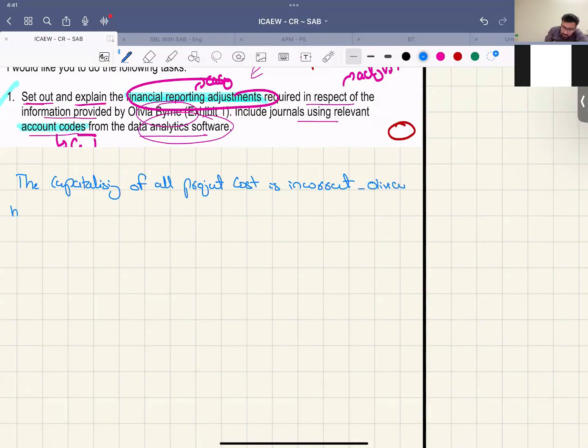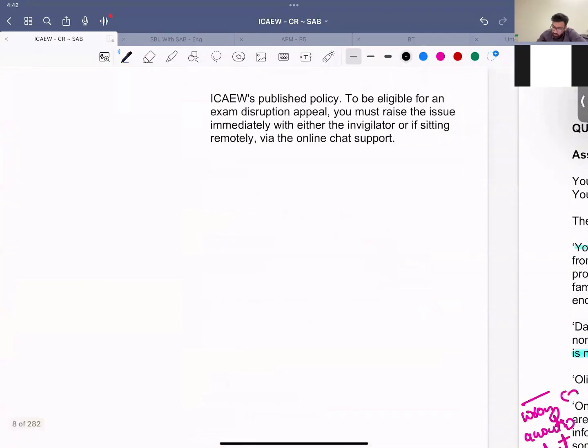Olivia has transferred all prepaid expenses cost to the assets account. And in which account have they transferred it? It would be great if we could write that.